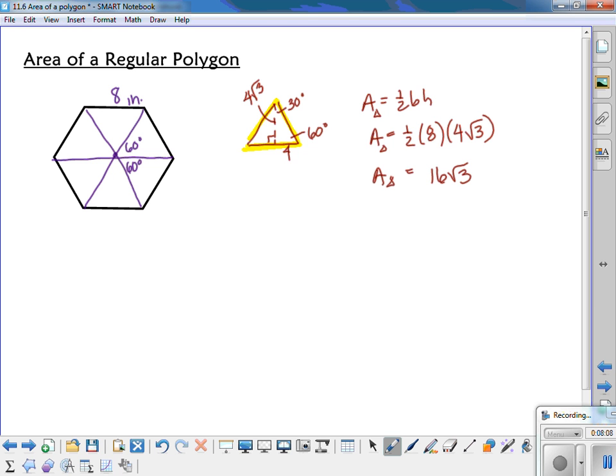So if I want to know the area of the hexagon, there are 6 triangles, so it's just going to be 6 times 16 root 3. And so the area of the hexagon would equal 96 root 3, or approximately 166.3 inches squared.